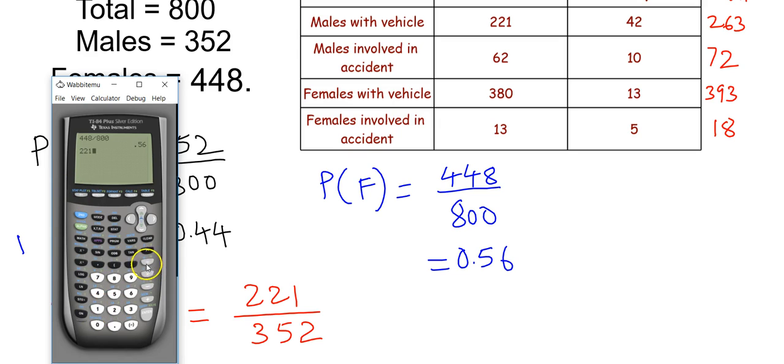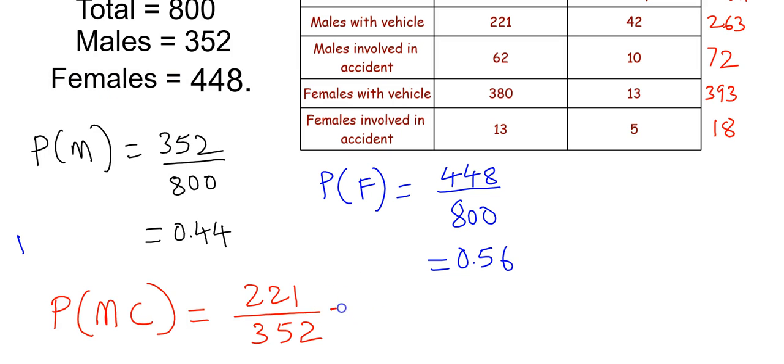Alright, so 221 divided by 352 is 0.6278.